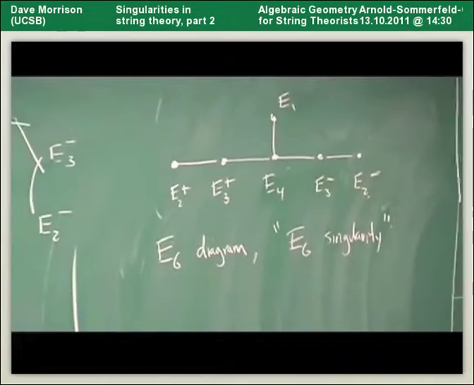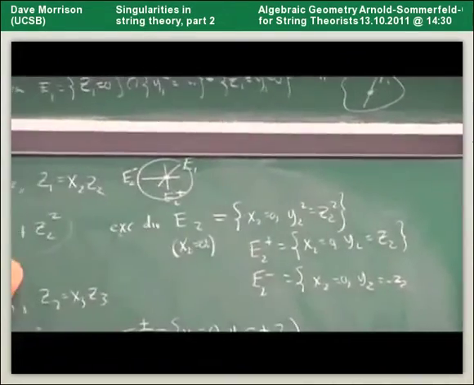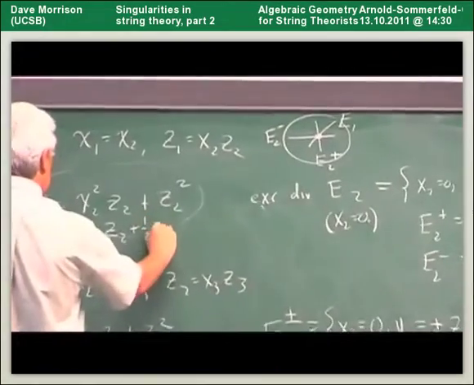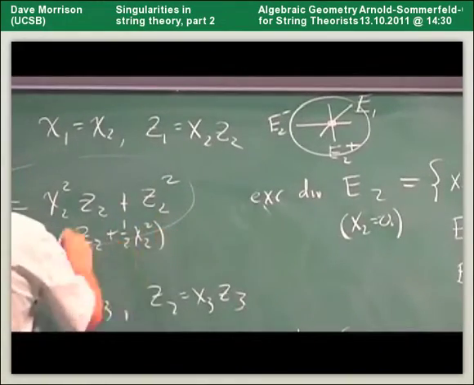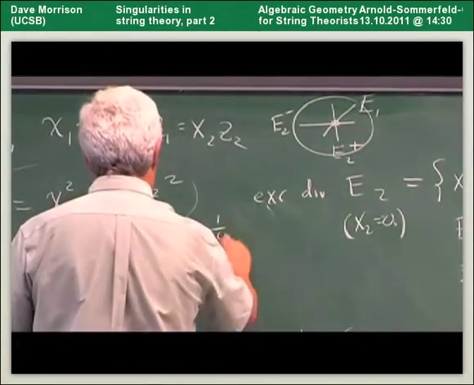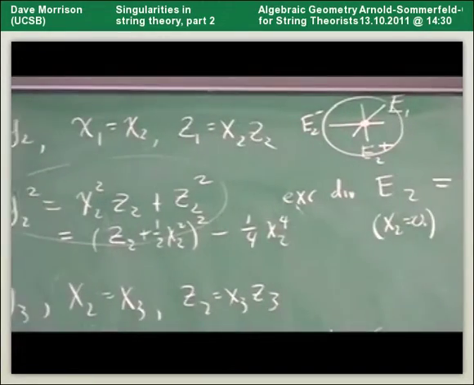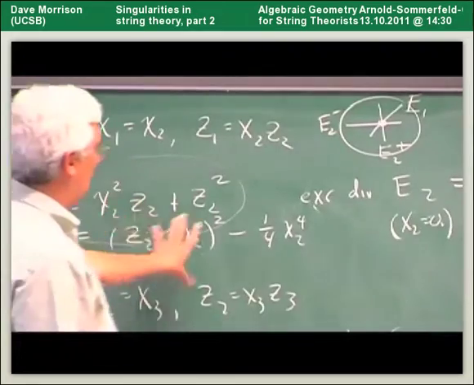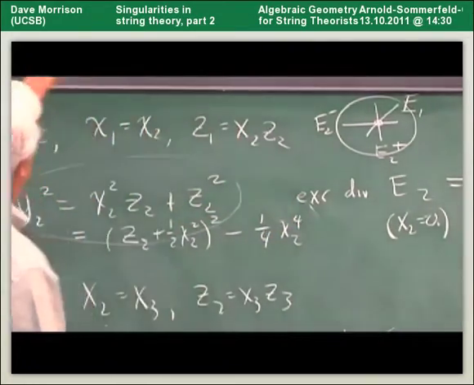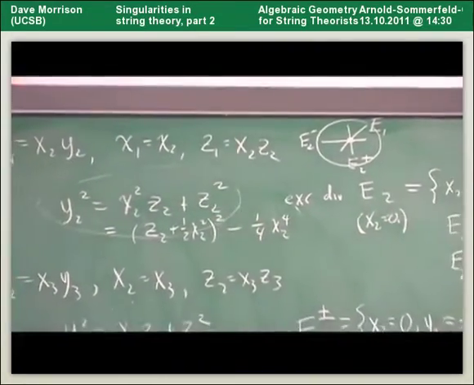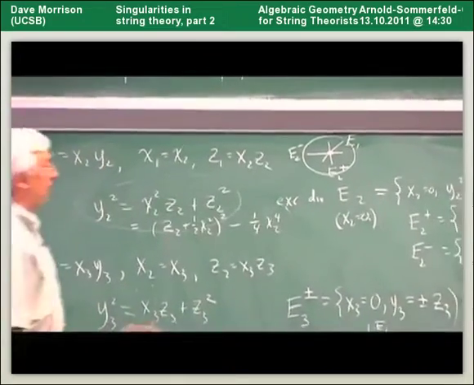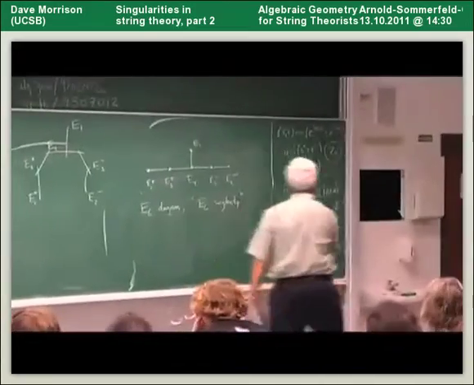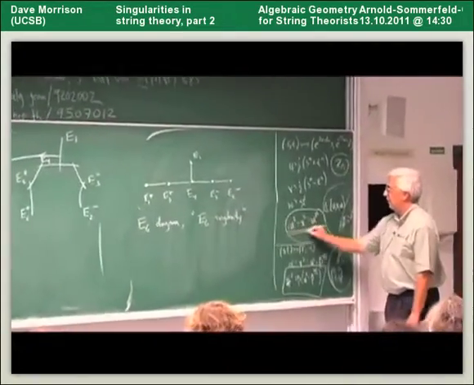Let's see. In the middle of this, I could have rewritten this as z2 plus a half x2 squared minus a quarter x2 to the fourth. And the only reason for pointing that out is that it's a square equals a square plus a higher power. And that was actually what was going on in these last steps of the process. Using that reasoning, you can pretty quickly see what happens to this set of guys.